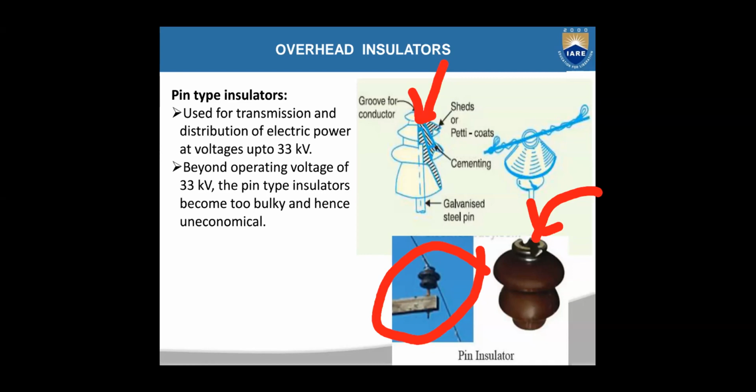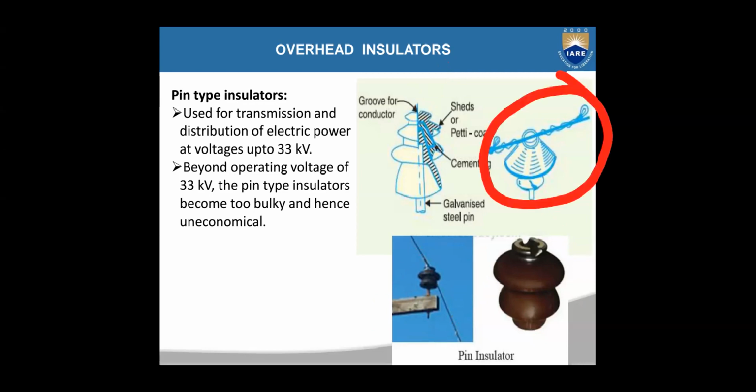If you observe this insulator, the conductor is placed in the groove and is tightly connected to that groove with some wires. Generally this pin type of insulator is used for both transmission and distribution of electrical power up to 33 kV.